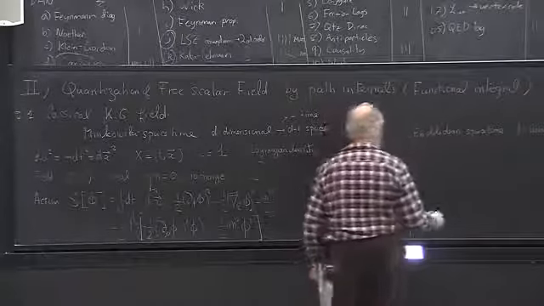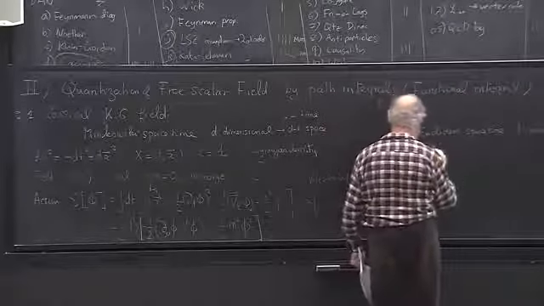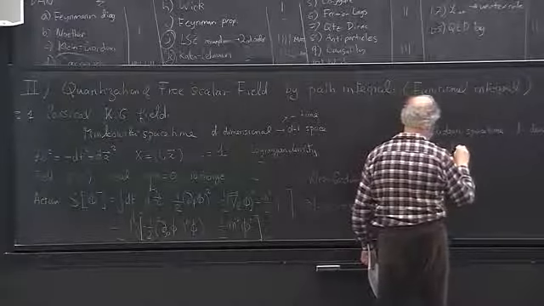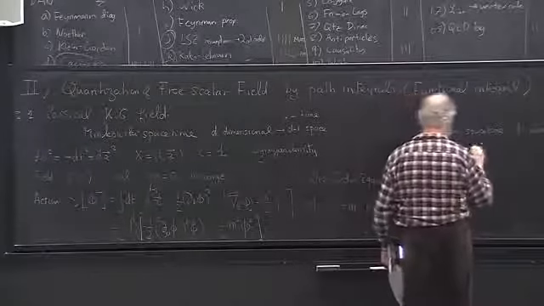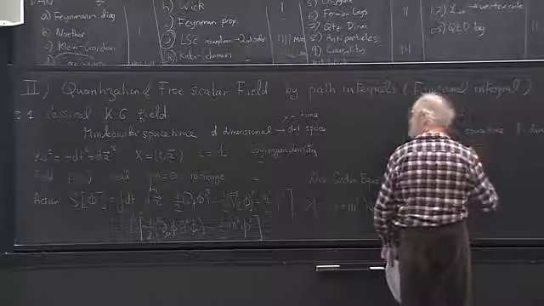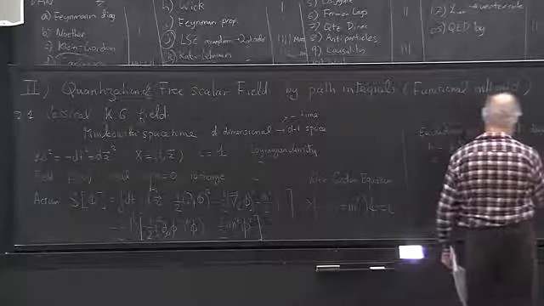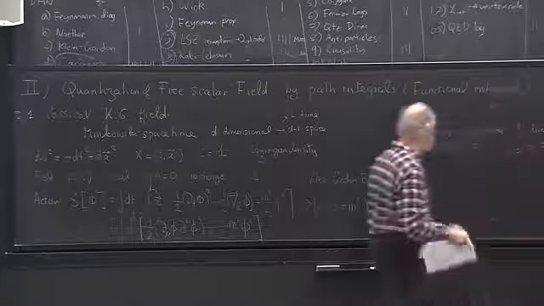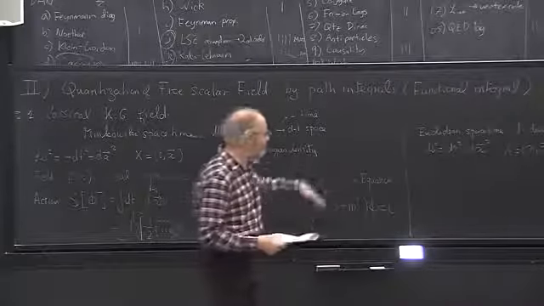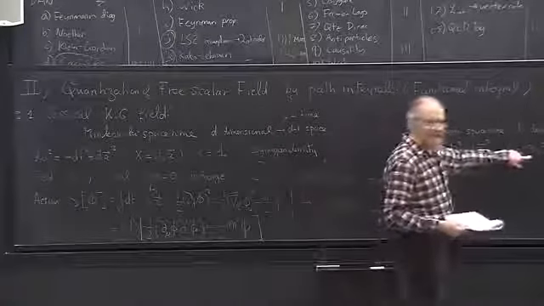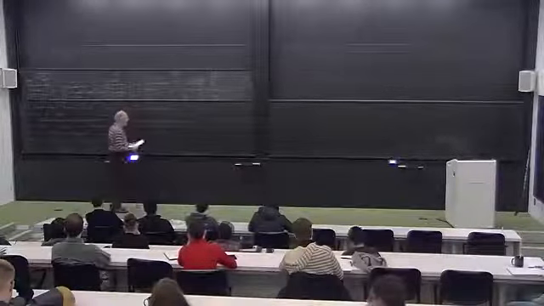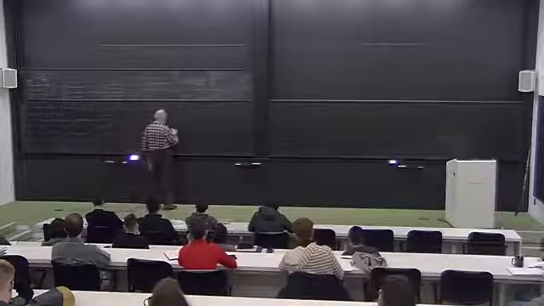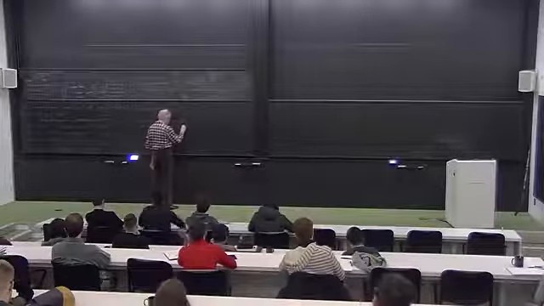Simply now ds squared is d tau squared plus dx squared. So Euclidean time is just the first coordinate in my Euclidean space-time.